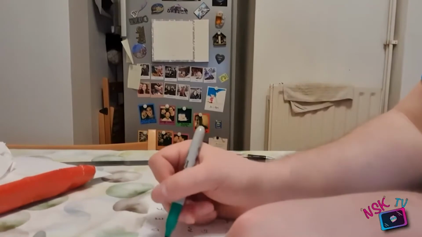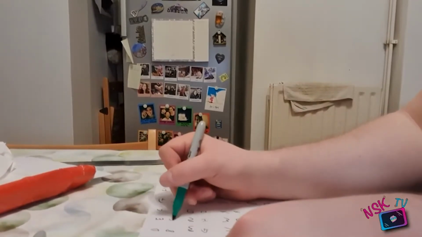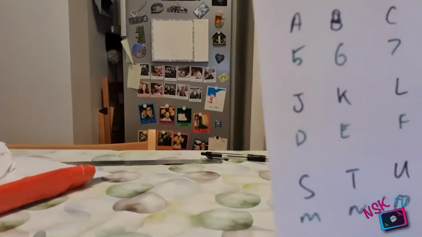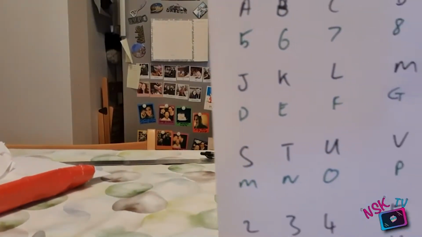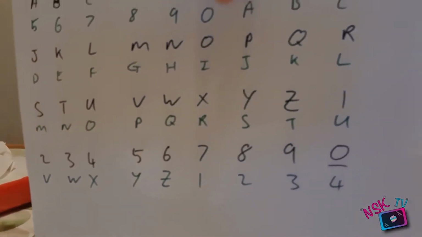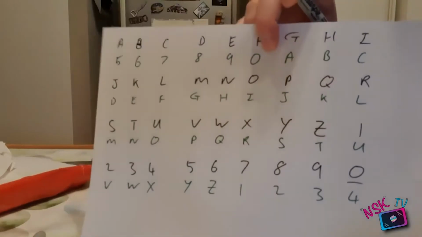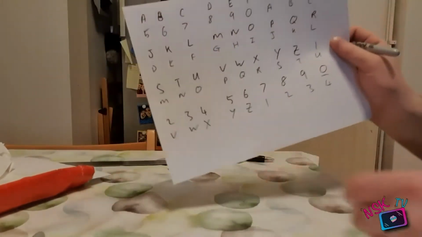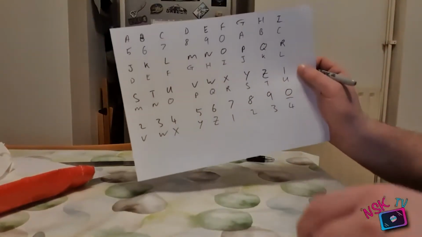And then we're going to have 6, 7, 8, 9, 0. I've used green there instead of black to try and differentiate it. We now have a different letter correlating to a different number. So this is now going to be our cipher.